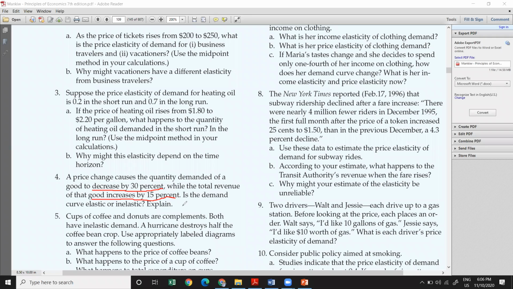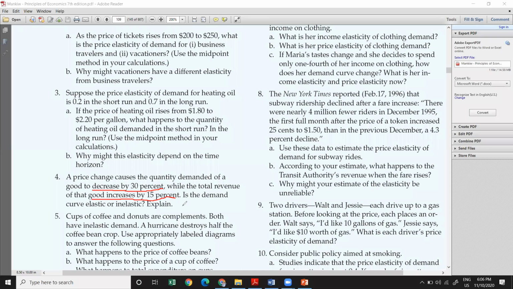So in this case, we prove that the demand curve is inelastic, because the price change causes a reduction in the quantity demanded. That means the price has increased.